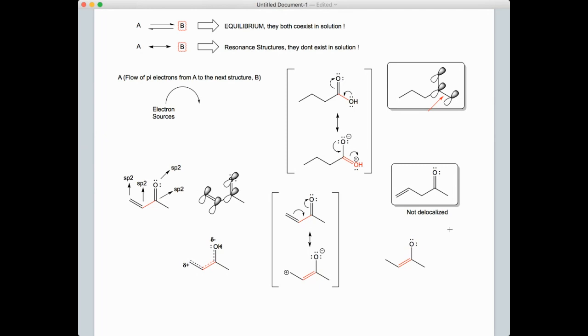And what would be the formal charge of this oxygen? Tammy, if you could please tell me. No, do the math. How many bonds do you see in this oxygen?